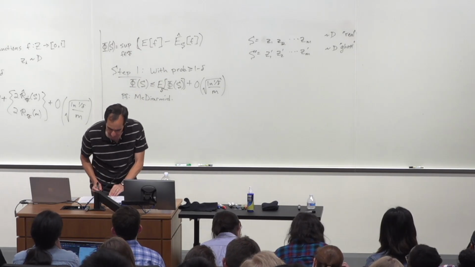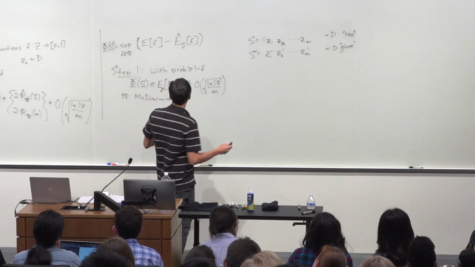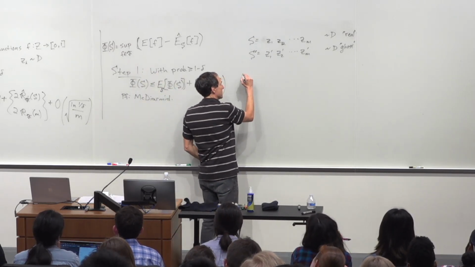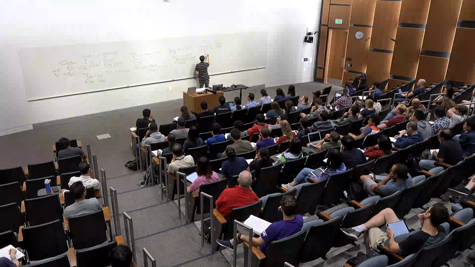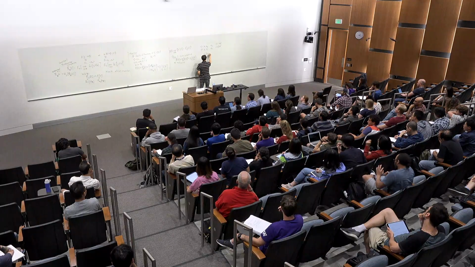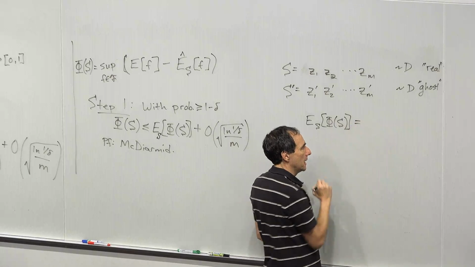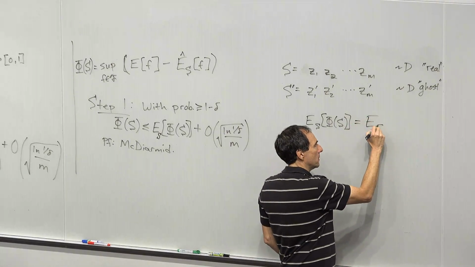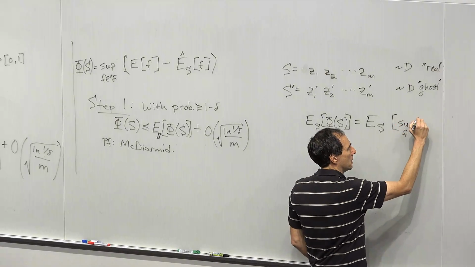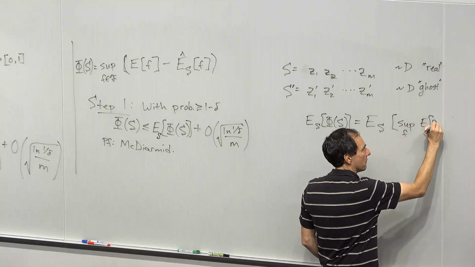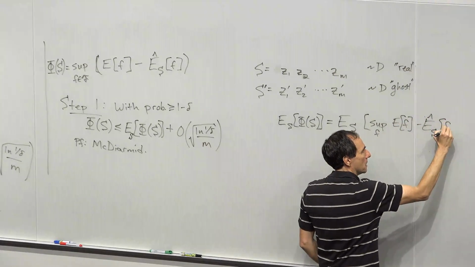So again, what we're trying to work with is the expected value of phi of S. The expected value with respect to S of phi of S. That's what we're trying to bound, thanks to step 1. And of course, we can write that out: the expected value of the supremum of the expectation of f minus the empirical average of f.